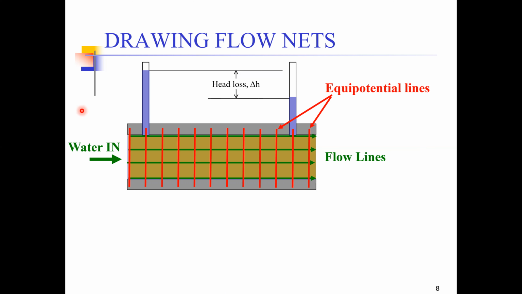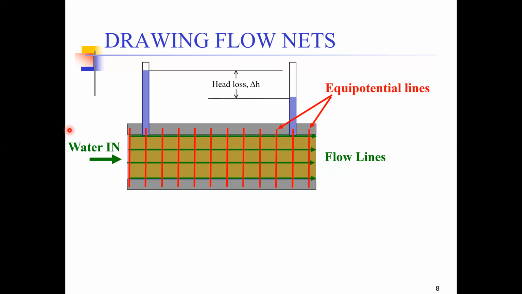And again, you should remember that the head anywhere on each equipotential line is the same. So head anywhere on this line is going to be the same, as is the head on any of the other lines.